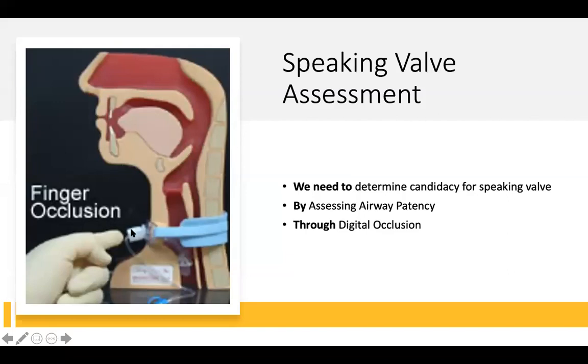If you feel that there is some pressure against your finger, it means that the air is accumulating here and it's going inside the trach and pushing against your finger. It means there's something preventing it from escaping to the upper airway. And it could be because the trach is too large. It could be because the secretions are a lot, or it could be because there is some stenosis or blockage in the upper airway.